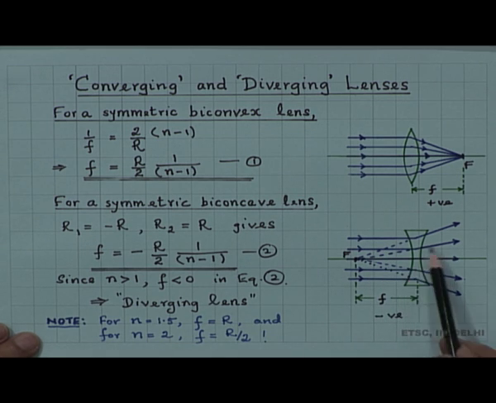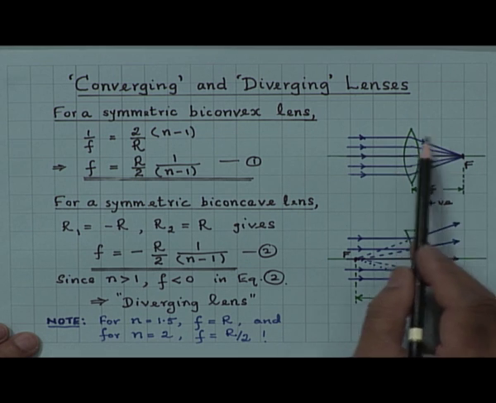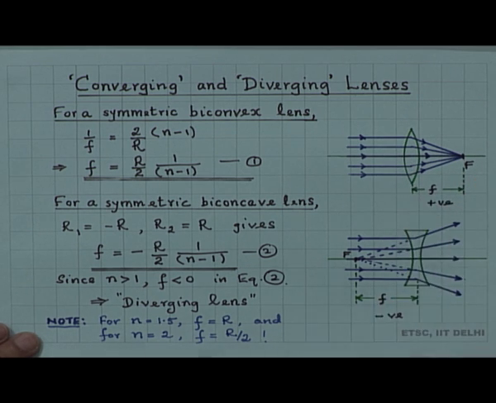In this case the rays diverge away as if they are coming from a point F. The principal focus is on this side, and therefore this is a diverging lens, whereas this is a converging lens. A biconvex lens is a converging lens, whereas a biconcave lens is a diverging lens.